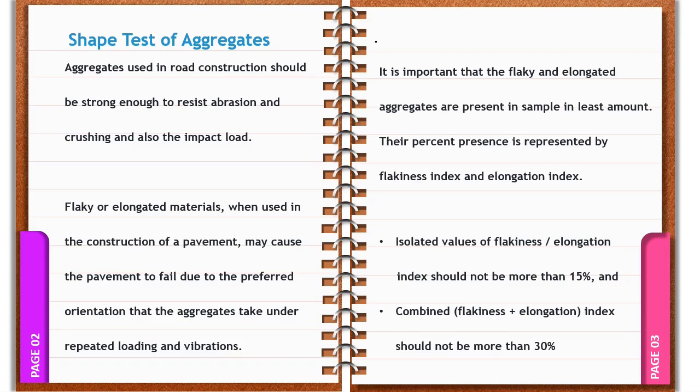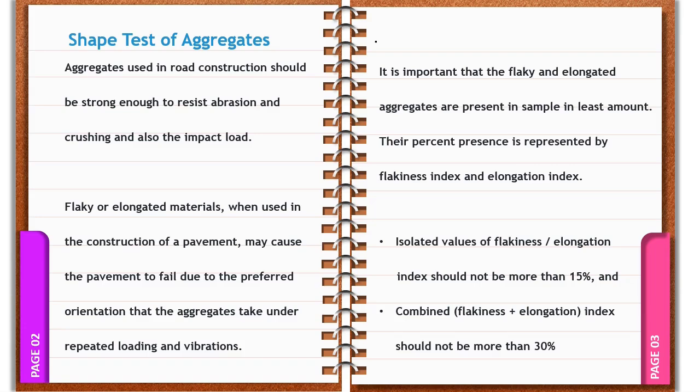Hence, it is important that such flaky and elongated aggregates should be present in an aggregate bulk sample in the least percentage. The percentage of such flaky or elongated aggregate particles is represented by the flakiness index as well as the elongation index.